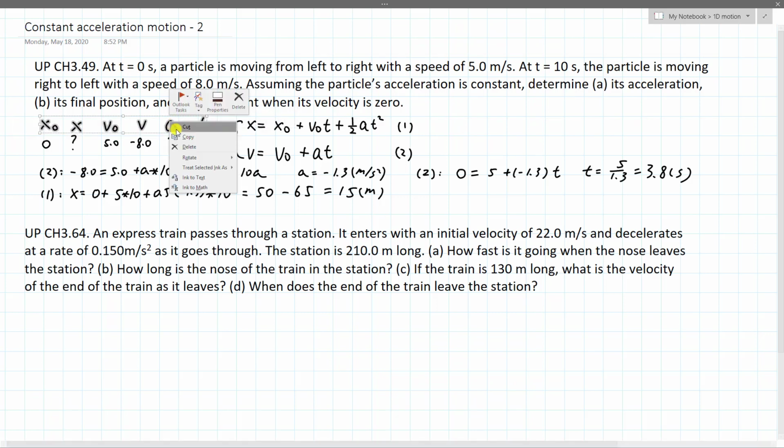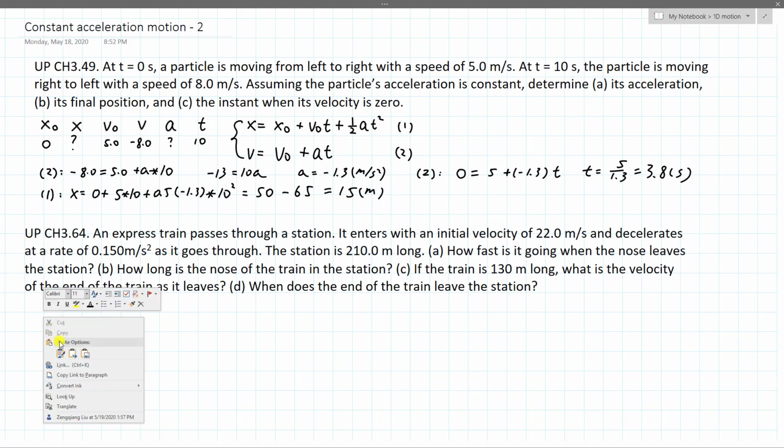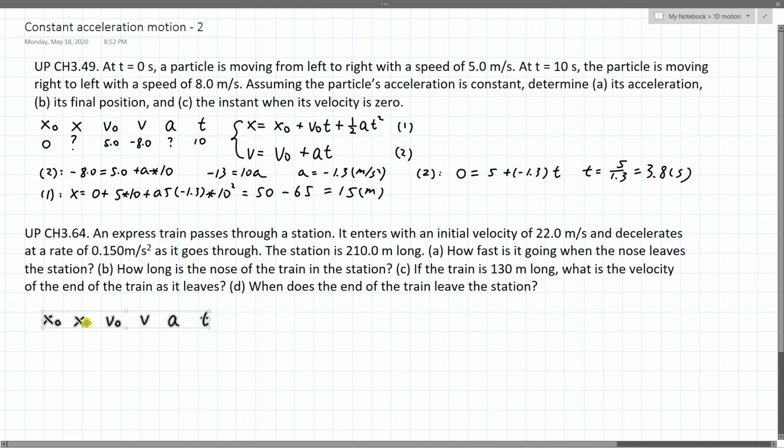Just copy and paste because I need a list, so I'll put it here. Alright, so we have a second question. This one is unmodified from University Physics, published by OpenStax, Chapter 3, Problem 64.